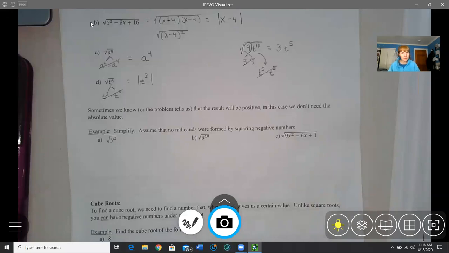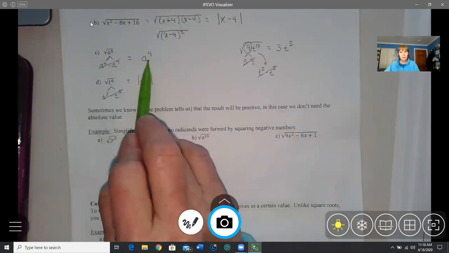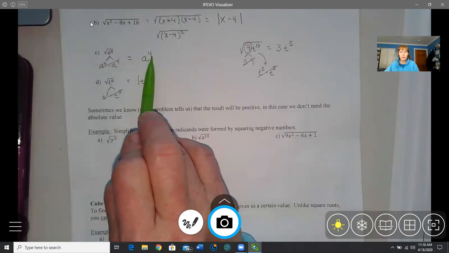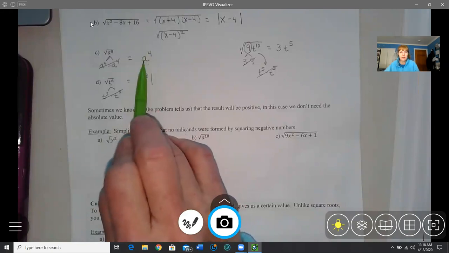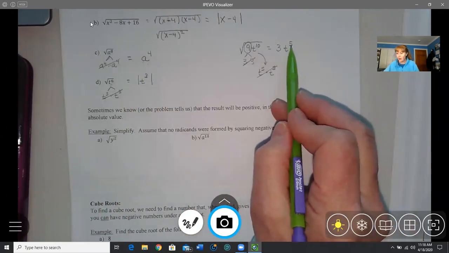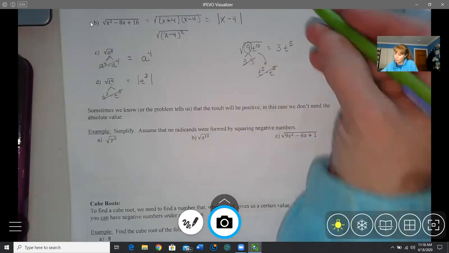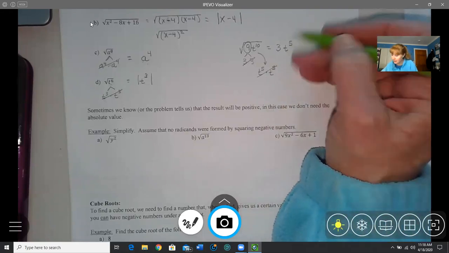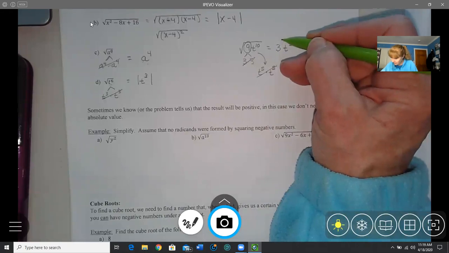And now you need to ask yourself, do I need absolute values? Sometimes you don't. If your powers are even, you don't need an absolute value because your answer is going to be positive no matter if a is positive or negative. But this is to an odd power. So you do need the absolute values, because if you put a negative t in, it could end up being negative.